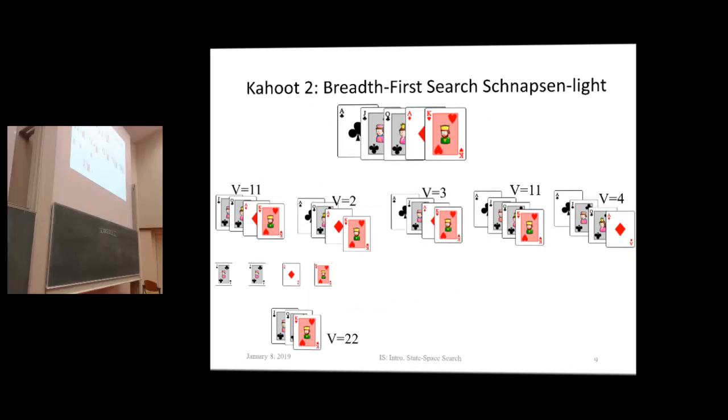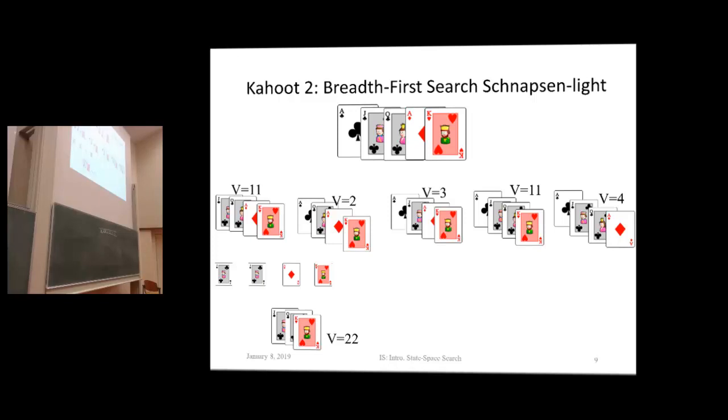So suppose now we have this simplified Schnapsen version, which is just about we have a hand of cards, and we want to reach a certain number of points, maybe more than 20, and we have to choose which card to play first in order to get to more than 20 points.